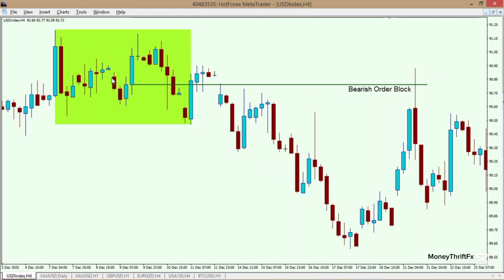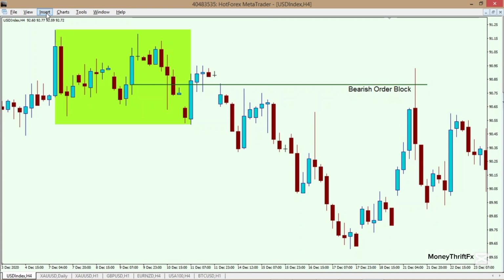This area is a range, so we have price bouncing between that area. So we'll be looking for a marker, and our marker is that last bullish candle that the market makers or the banks place close to the midway point of this range. So the midway point is halfway of it, around the center of this area, where they're going to put that order block.